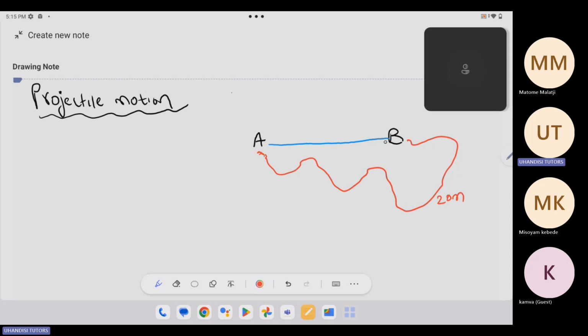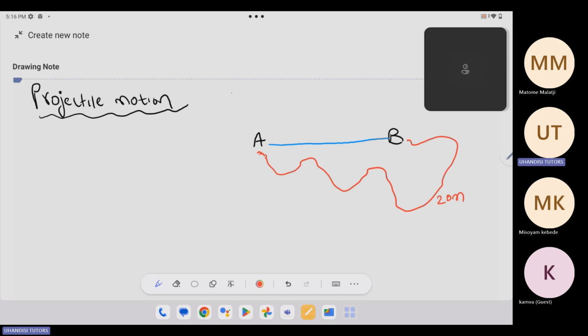With the path in blue, you can see that you are connecting the 2 points in a straight line, meaning that the blue line represents what? It represents the displacement. What is the displacement? The displacement is the shortest distance to your destination. But the red path, since you are taking a longer route, becomes a distance.